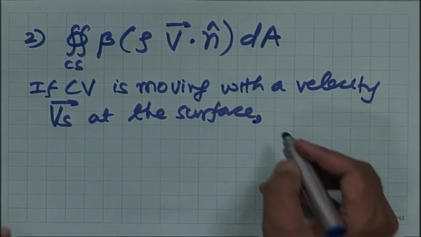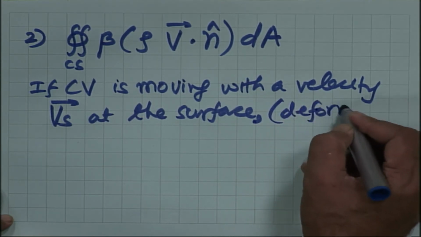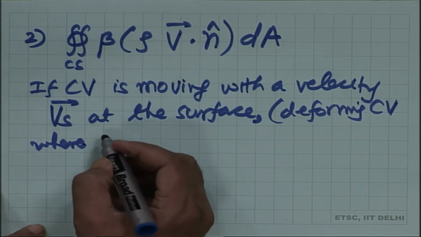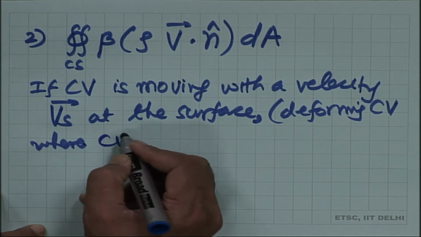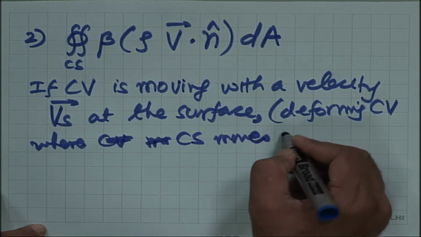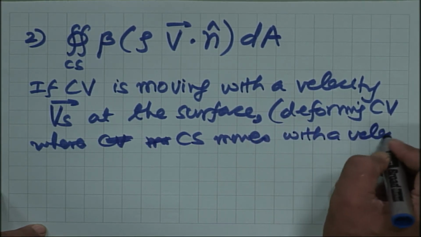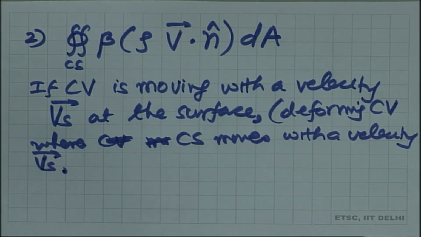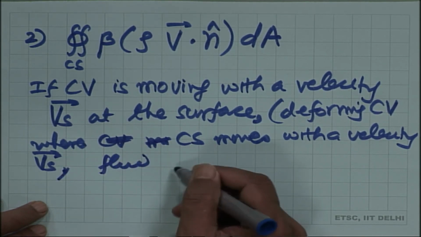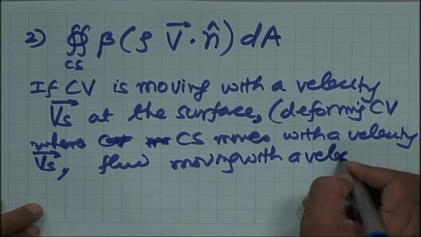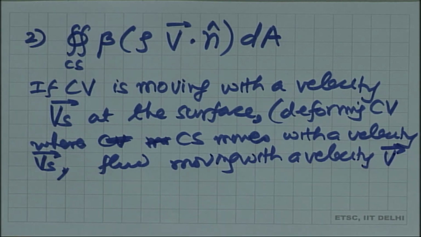So, this is a more complex case of a deforming control volume, where the control surface moves with the velocity v s. The fluid which is crossing it is moving with a velocity v, and the surface itself is deforming at the rate v s.